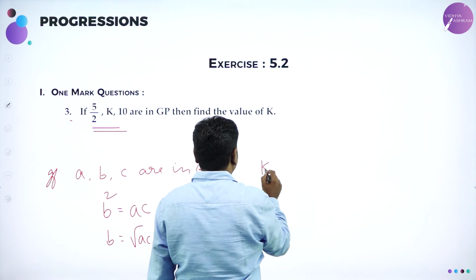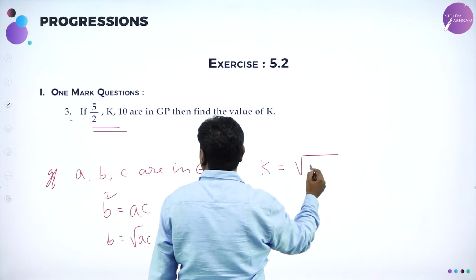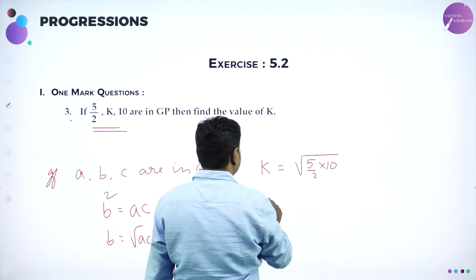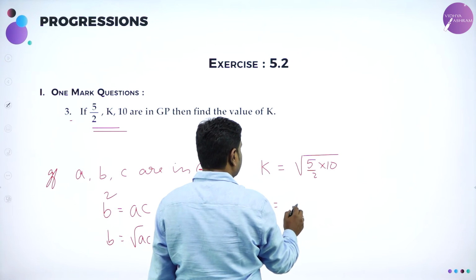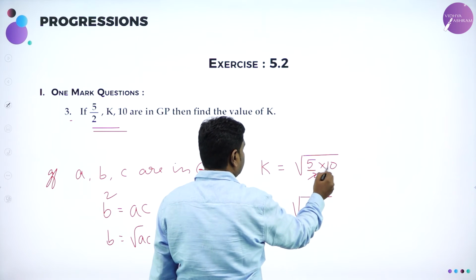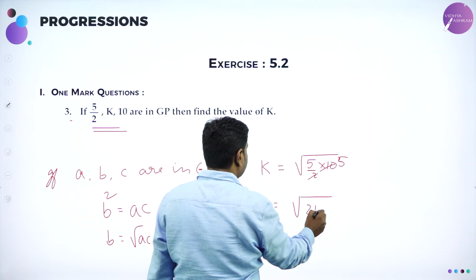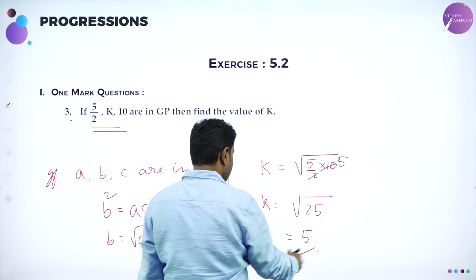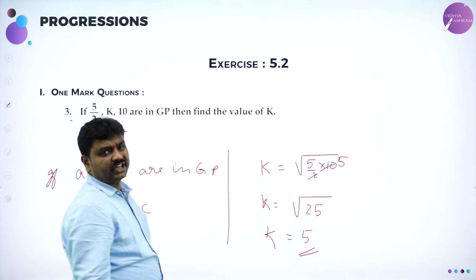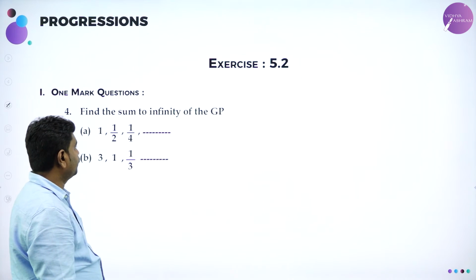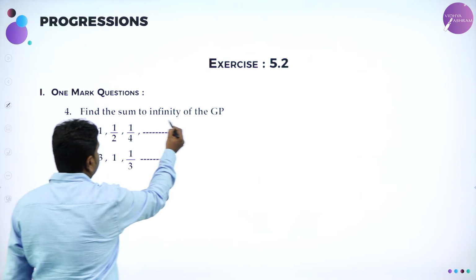Middle term K is equal to root of 5 by 2 into 10, which is root of 25. That is 5. So K value is 5. If 3 terms are in GP, B square is equal to AC.